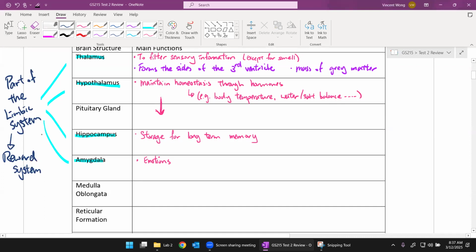When you do certain things that make you feel good, the limbic system would reinforce it with positive feelings, and it would create positive memory for it, and you will want to do it again in the future. But if you are in a dangerous situation, then the limbic system would create a negative feeling. You will still remember it for the next time, but you'll remember it for a different reason, right? You'll remember not to do this again because last time it didn't feel so good.